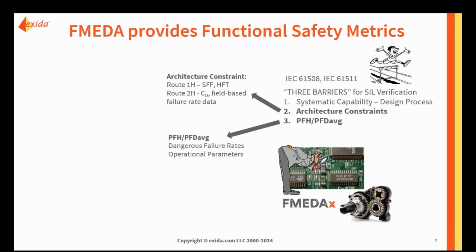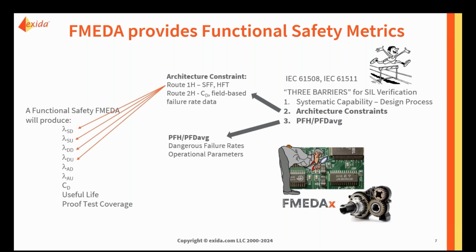That provides the actual failure rates and also the operational parameters, useful life, and a proof test coverage. So here are all of the lambdas, which is failure rates that we need to fill in. In addition, there's useful life, proof test coverage, and diagnostic coverage.